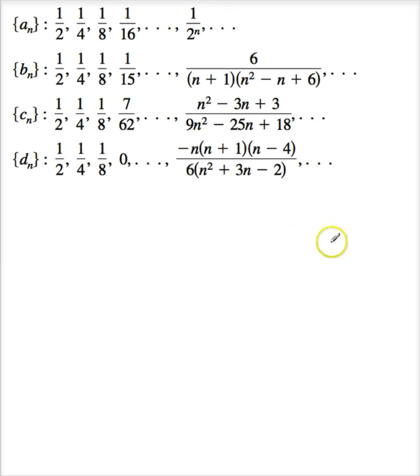Now let's look at a series of these. You can't really guess based on the first 1 or 2 necessarily whether a sequence converges or diverges. Usually you have to go a little bit further out. So if we look at a sub n, we can see that it is 1 over 2 to the n, and the limit as n approaches infinity of a sub n is 0.